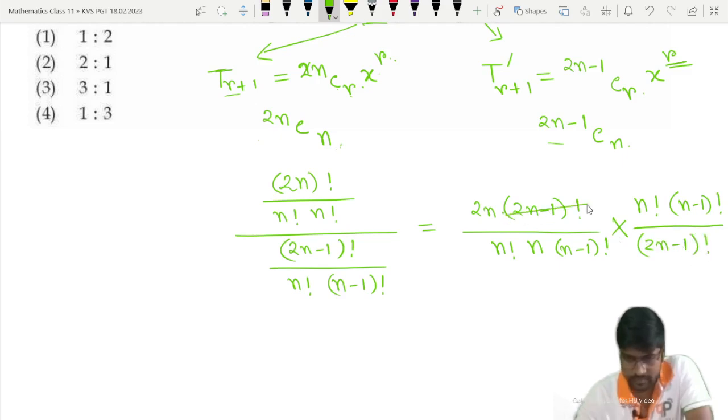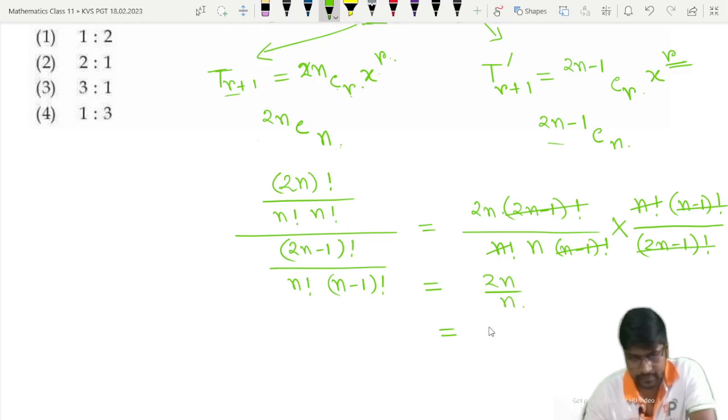Now simplify: 2n minus 1 factorial cancels, and n factorial into n minus 1 factorial cancels. So we are getting 2n divided by n, that is equal to 2 by 1, that is the ratio. That means 2 is to 1 is the ratio.